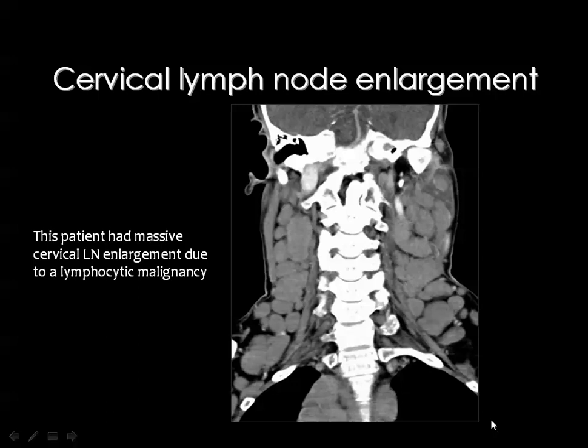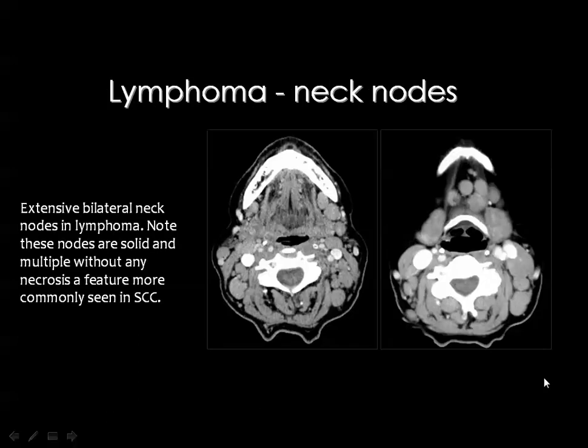This is an almost typical example of nodes secondary to lymphoma, and you see extensive lymph nodes that are bulky, homogeneously enhanced, no areas of breakdown, and no calcification. And here you can see extensive nodes in the neck, in the submental area, and in the deep cervical region, around the submandibular salivary glands.